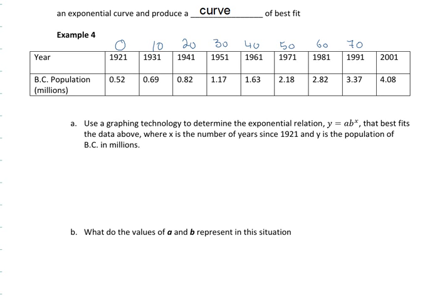Because when the question states where x is the number of years since 1921, that means 1921 is your year 0. That's what you enter on your x-axis. Do you understand that? Okay? So, let's enter this information in Excel and let's see what happens.